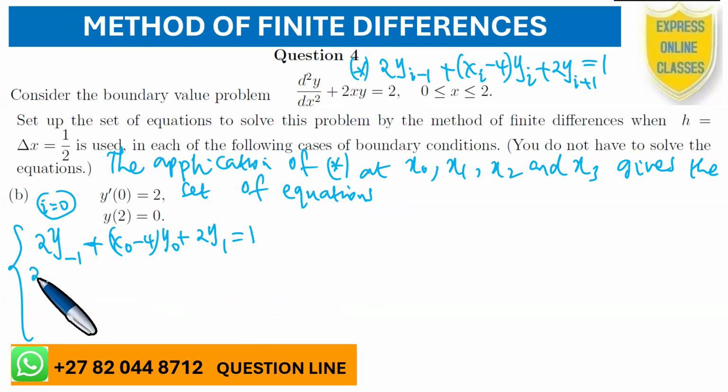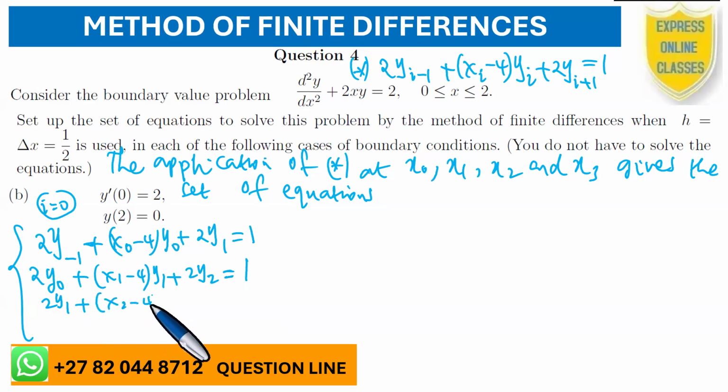What about when i is 1? We have x1 minus 4 y1, 2y2. We've used 1 for i, and then 2 gives y2, and that becomes 3.